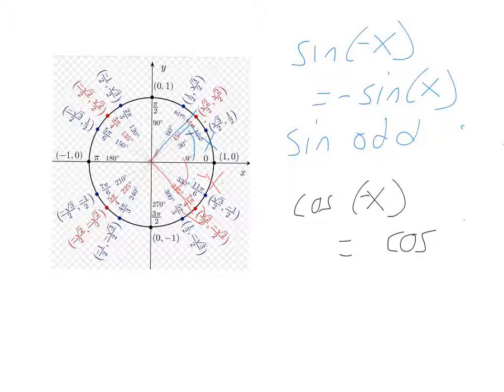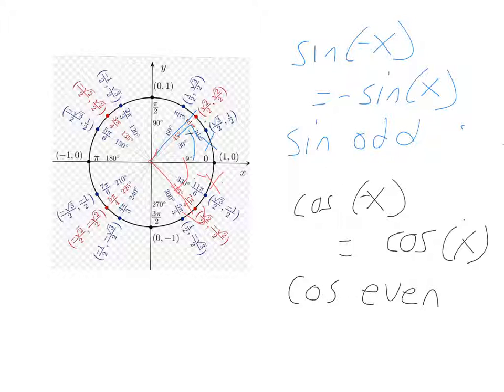So instead of it being negative cosine of x, it'd just be the same thing because cosine's still positive in both the first and fourth quadrants, so cosine is even. If you want, you can ask me during class about angles greater than 90 degrees, but it's still the same concept. Sine would still be odd, cosine would still be even. You'd still get the same thing regardless of the size of the angle.